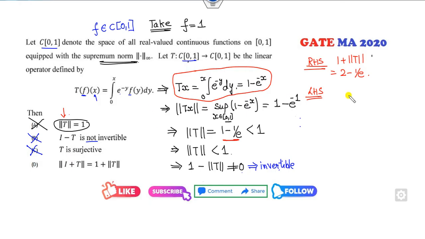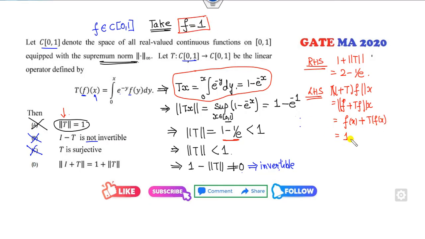Clear? So if I use 1 plus T over x, firstly I can define it over f, then I can take f as 1. So I plus T over fx is f plus T of f. Fine. So it is f of x plus T of fx. So fx I have taken as 1.